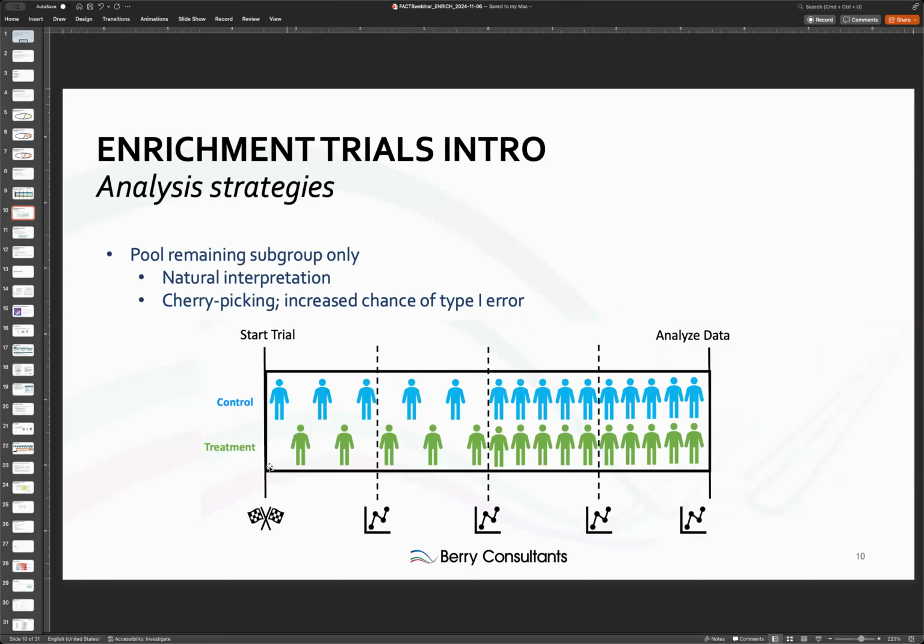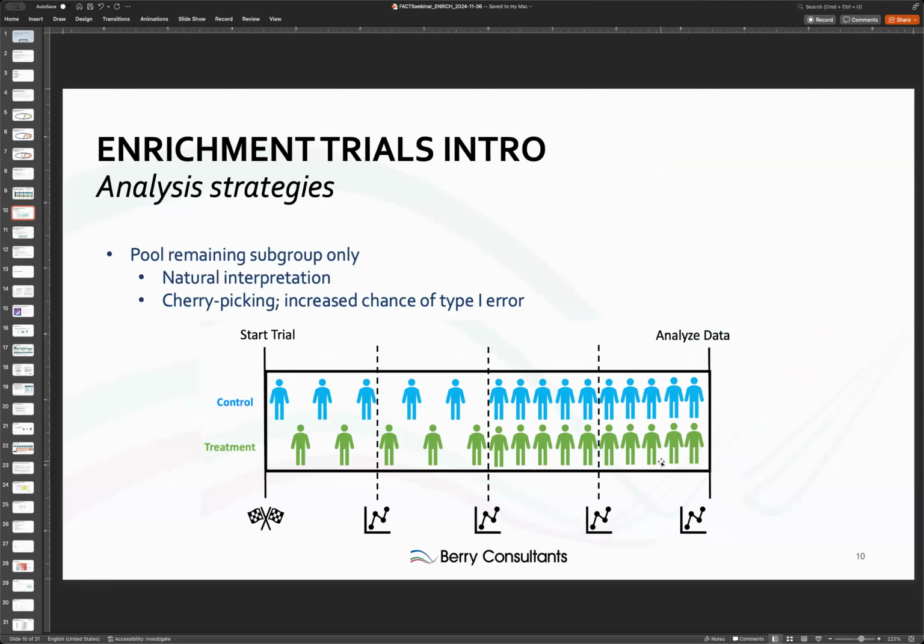So that might look something like this, where we take out the subgroup B people and pool the remaining subgroup only. So we pool all of these blue people for the treatment group and the green people for the control group. It has a really natural interpretation because now you've dropped out the subgroup that you identified at the interim analysis as not responding.